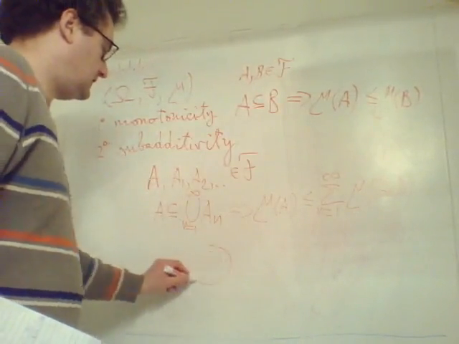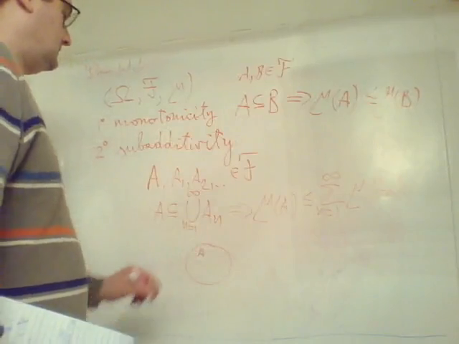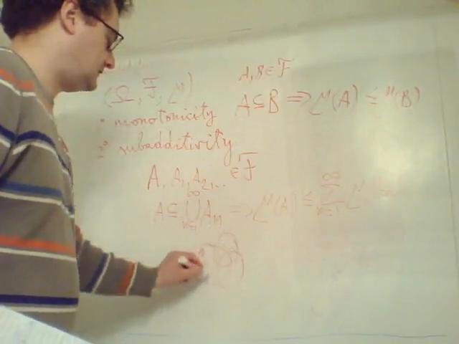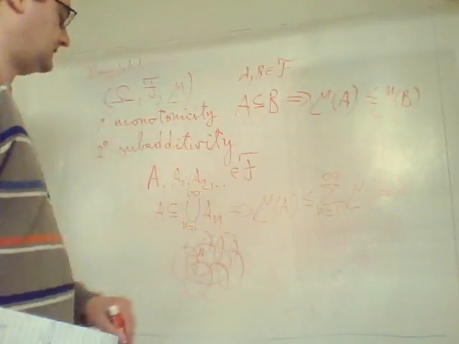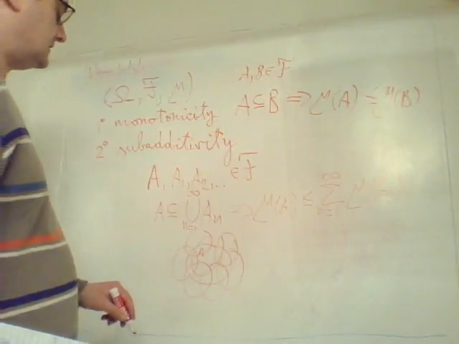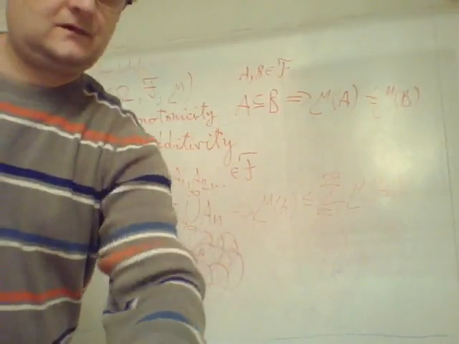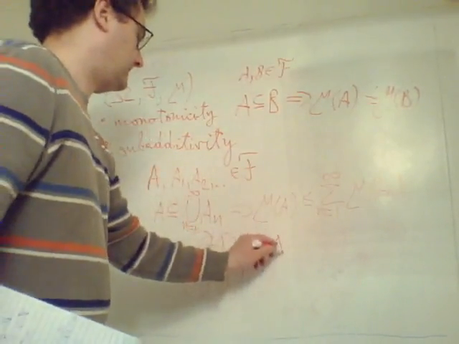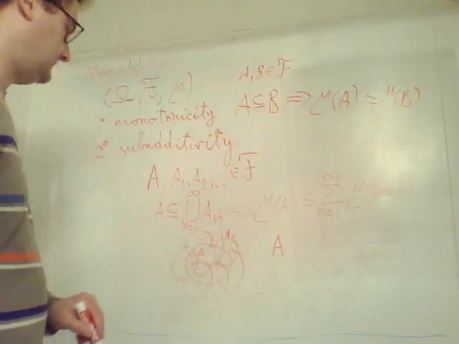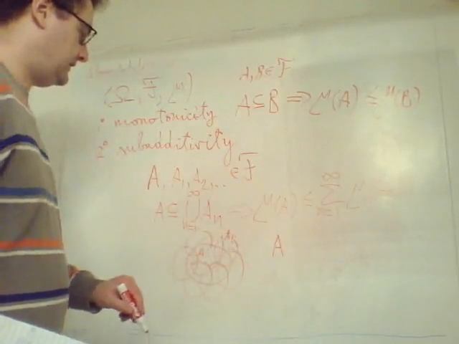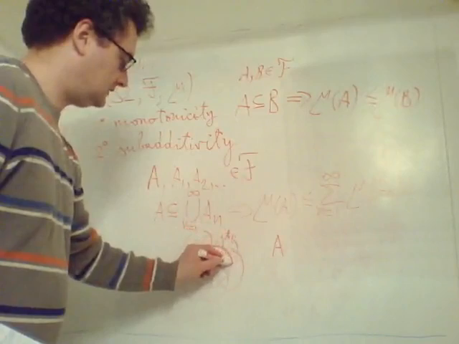So if you have A, and if the ANs cover A, so we have some situation like this, alright? You can start with A1.